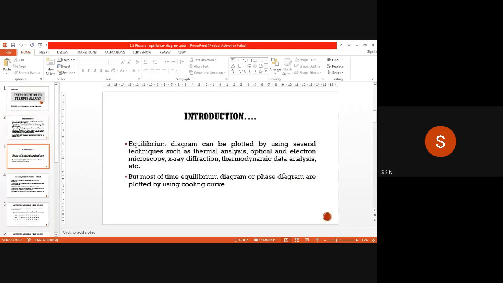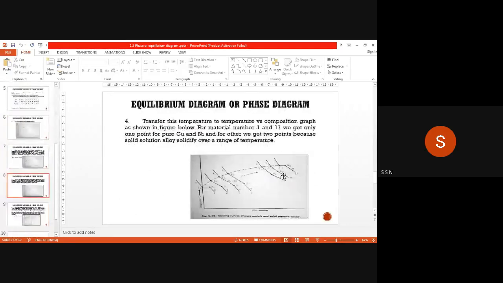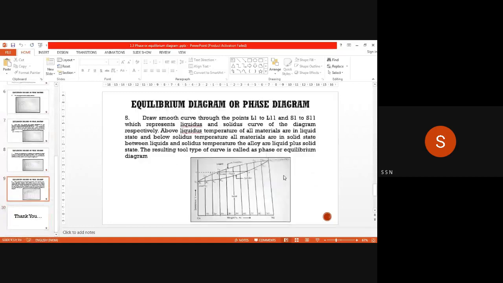There we plotted different cooling curves for different compositions: at a particular composition, temperature is decreased, and with respect to time and temperature, we have plotted one curve, isn't it?